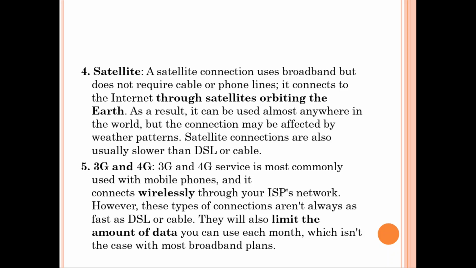Next one is 3G, 4G and 5G services, which you are using in your mobile phones. This is well known and widely used, and you can connect wirelessly through your ISP's network. ISPs we have discussed earlier in the video. However, these types of connections are not always as fast as DSL or cable.